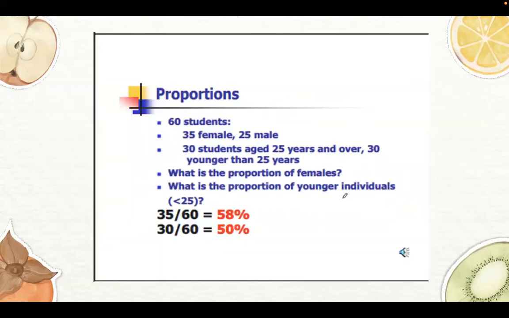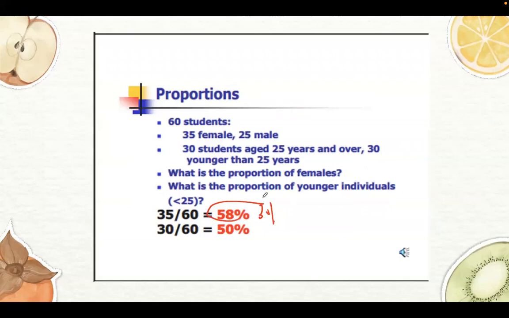So your proportions, bigay naman natin example, yung first example natin which is yung 60 students. So 35 na female, 25 na male. So 30 students aged 25 years and over, 30 are younger than 25 years. So what is the proportion of females? So if you're going to express it in percentage, should 35 over 60 or 58%? So parang 35 over 60.